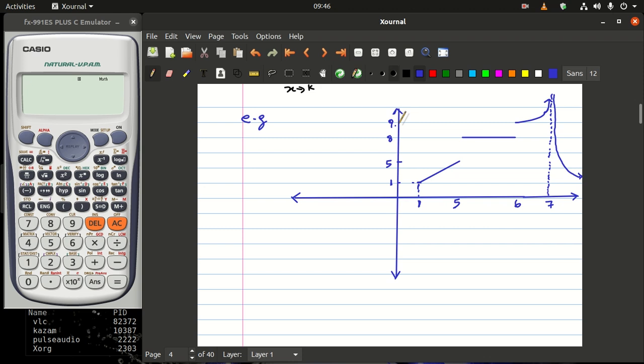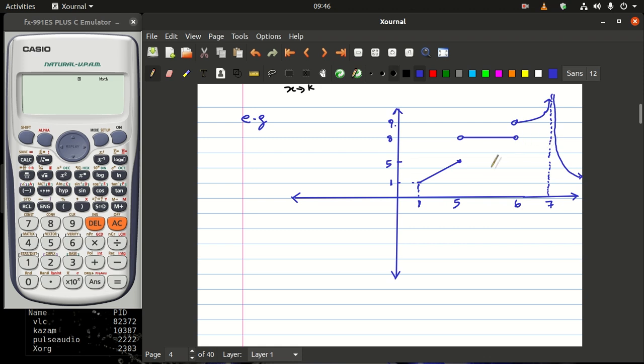That's what I want us to talk about now. I want this one to be defined here, and here I want to have a hole, and another hole here, and another hole here.